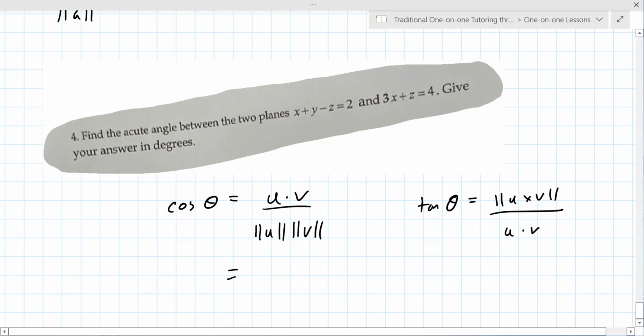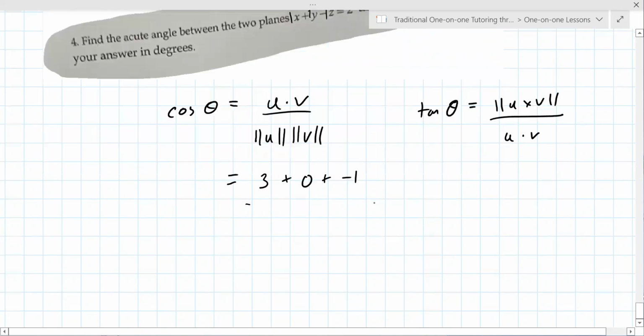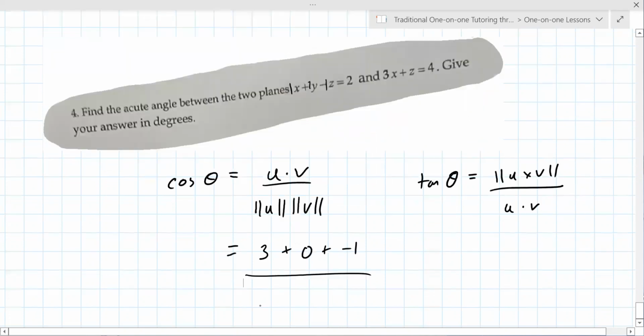So the dot product is 1 times 3 plus 1 times 0, there's nothing there, minus 1 times 1. And then the magnitude of each. So we've got 1 squared plus 1 squared plus minus 1 squared, square rooted. So that's the square root of 3.